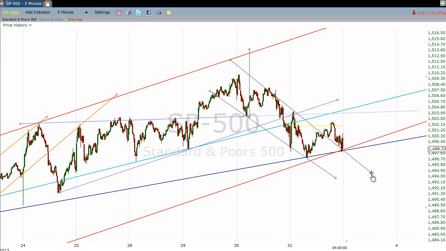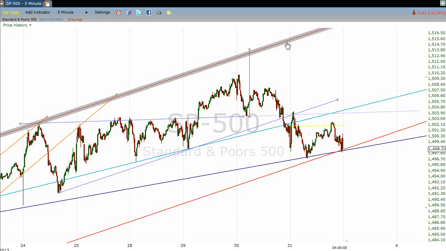So we got a couple of interpretations here. Maybe my top line is wrong. Maybe it's more of a little descending wedge. I don't know. I'm not going to worry about that too much, because, like we've been saying for the past couple of weeks, it is this line that's important.